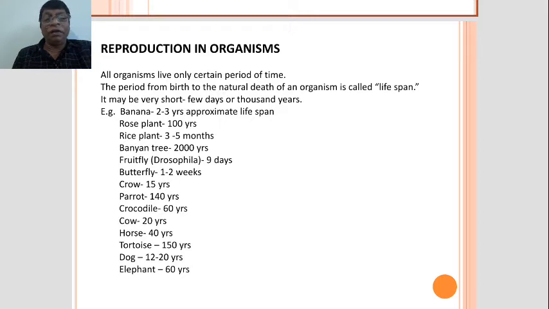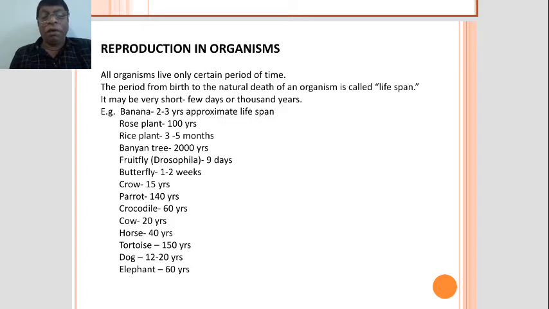Okay. So here is a list showing the approximate lifespan of some plants and animals. So here we separated the plants and the animals.